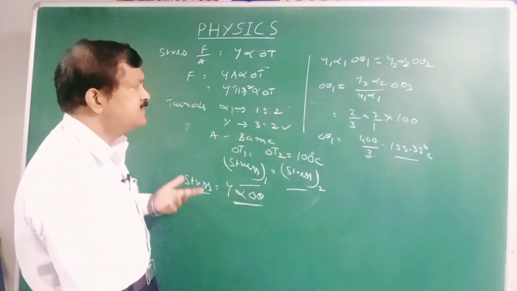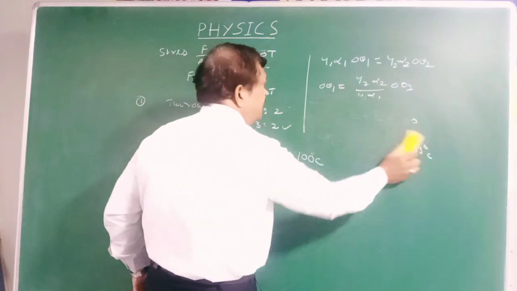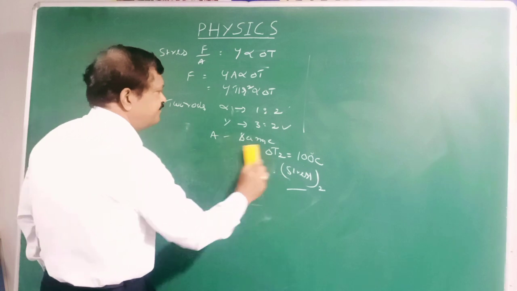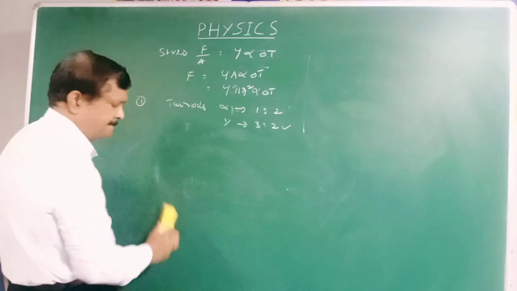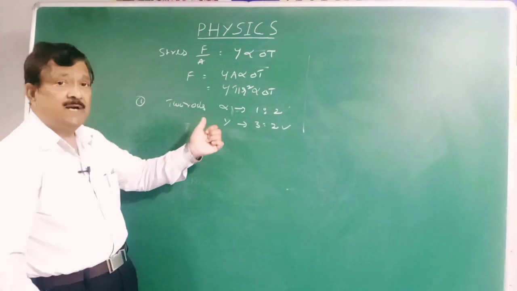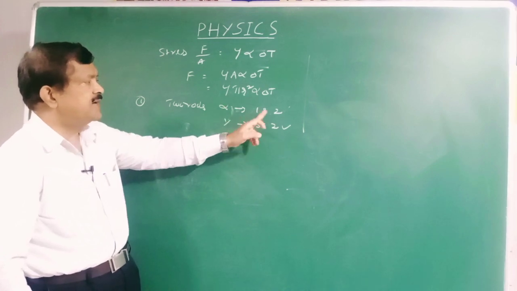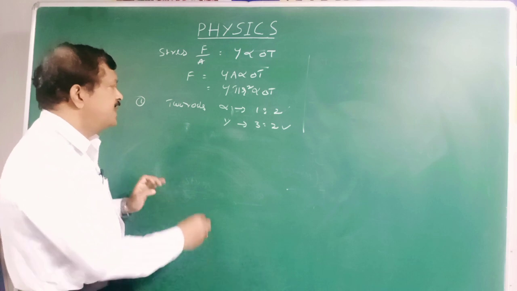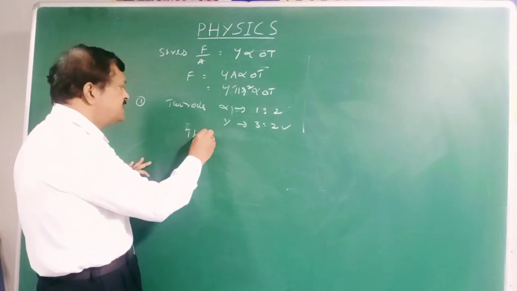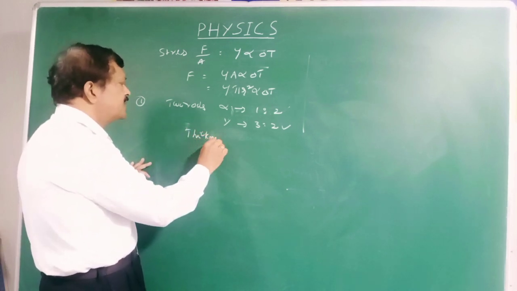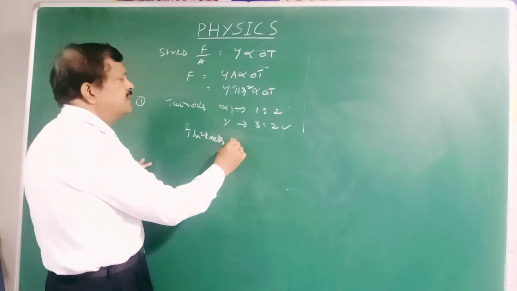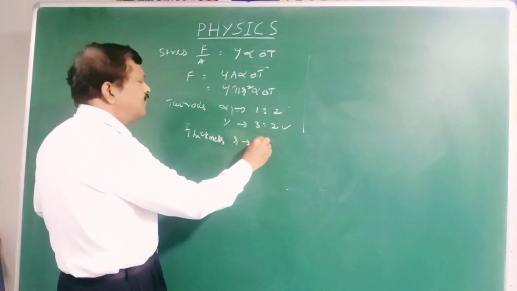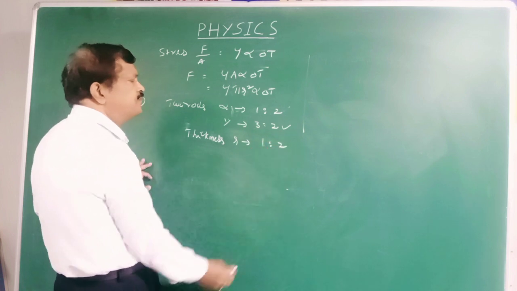Now let us move on to another possibility of a model problem on this thermal stress. For two rods, alpha is in the ratio 1:2, Young's modulus is in the ratio 3:2. Suppose the thickness of the rods, let us say R, is in the ratio 1:2.